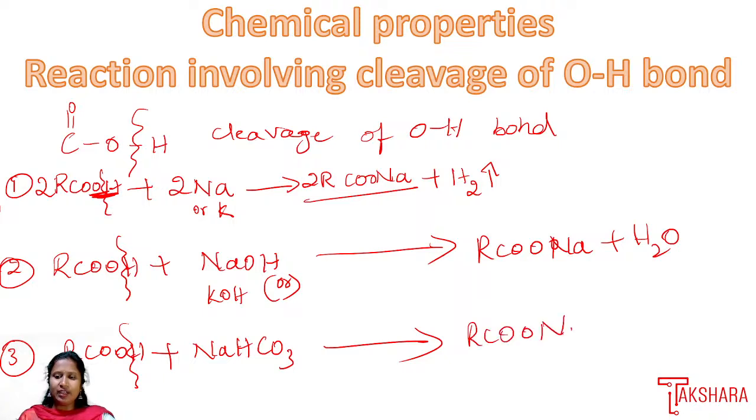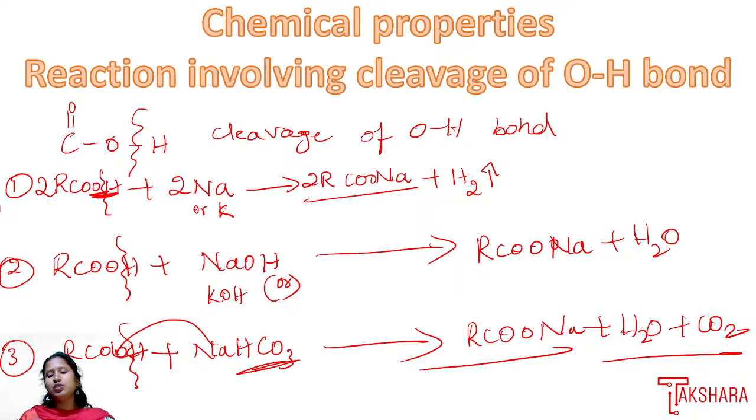Na goes and joins here, and H combines with HCO3 to form water plus carbon dioxide, which comes out. The product is sodium acetate. So this is how the cleavage between oxygen and hydrogen takes place in the carboxylic acid group.